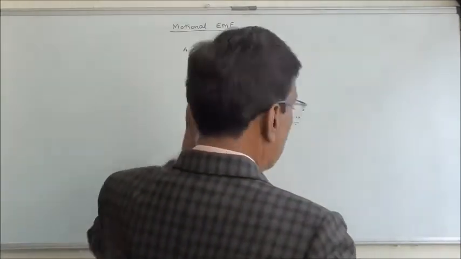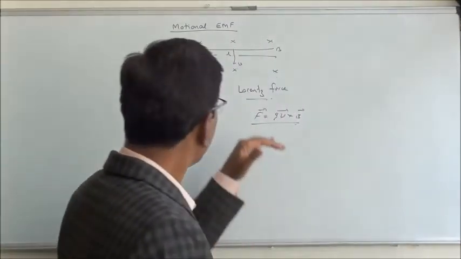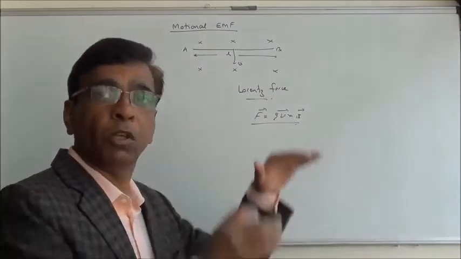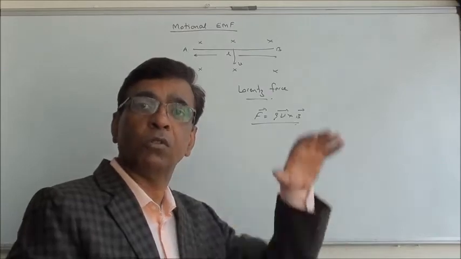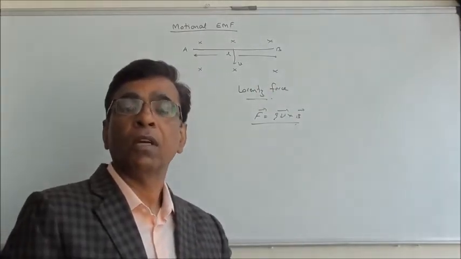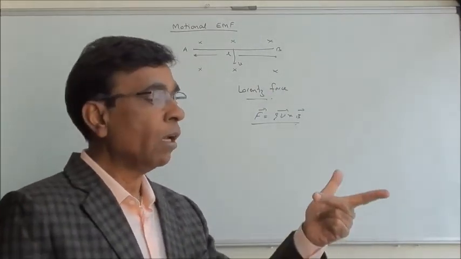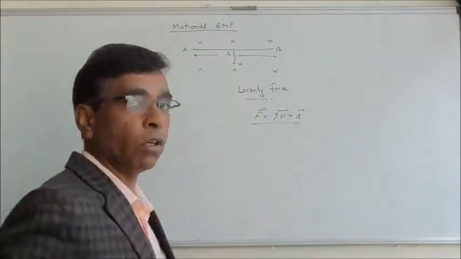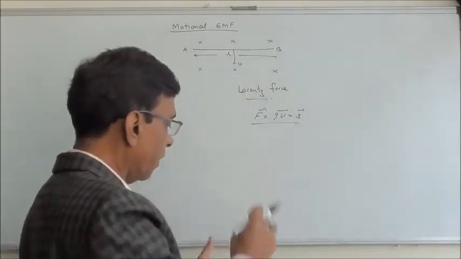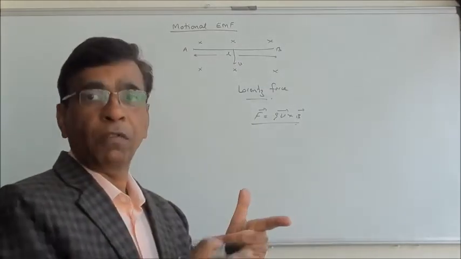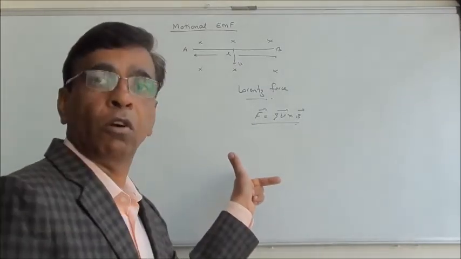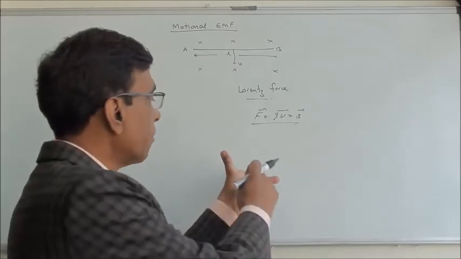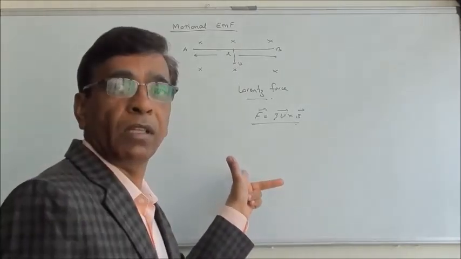So there are electrons in this rod. Electrons are moving downward because the rod is moving downward, so all electrons also have a downward velocity. I can apply Fleming's left hand rule here because the motion is perpendicular to the magnetic field. Forefinger needs to be in the direction of the magnetic field and the central finger in the direction of current.